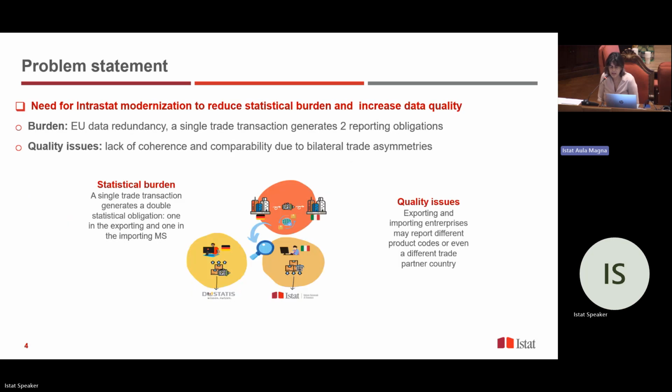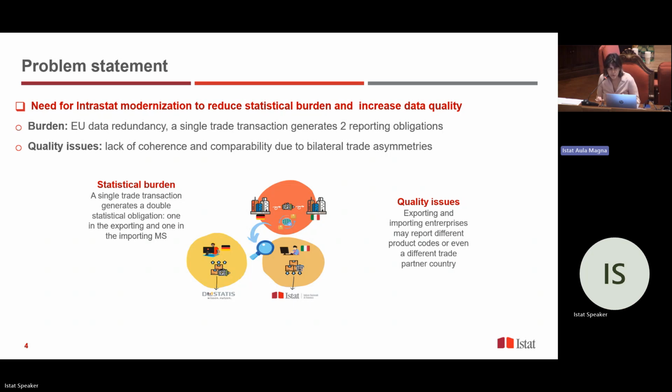And there is a problem. The problem is that the same transaction is collected and reported twice at European level, once in the exporting member state and once in the importing member state, if both exporter and importer are in the samples in the respective member states. So there's this additional redundancy, let's say, of data collection at European level.